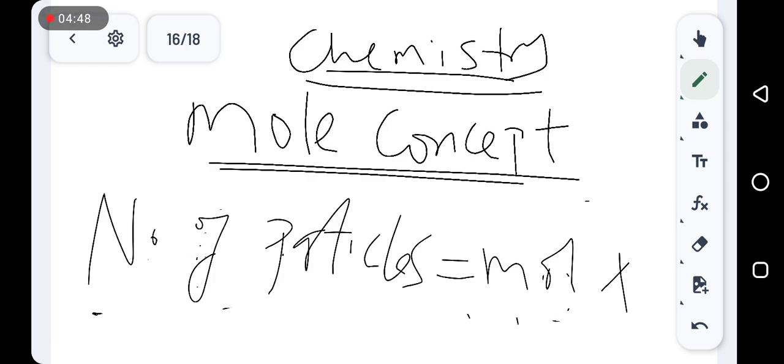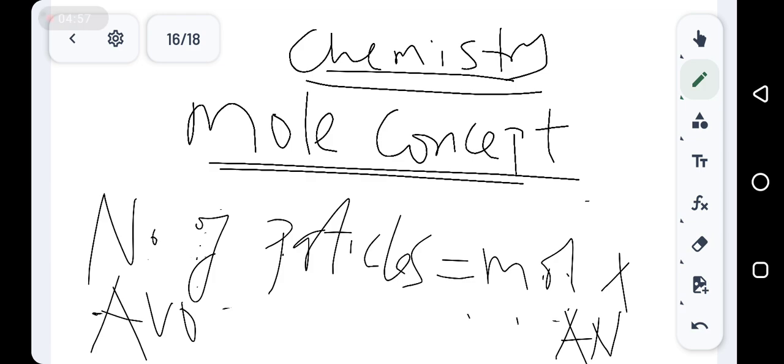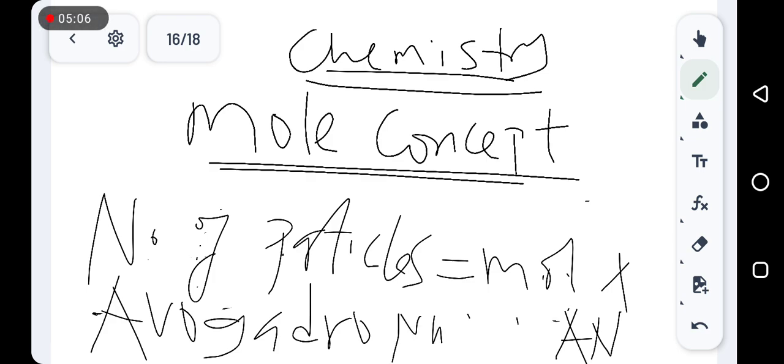Let me use the initials AN to represent Avogadro's number. So if you are given the mole of a substance and you are asked to find the number of particles that number of moles contains, you are going to use this formula: number of particles is equal to the mole that is given to you times the Avogadro's number. That is the first formula.